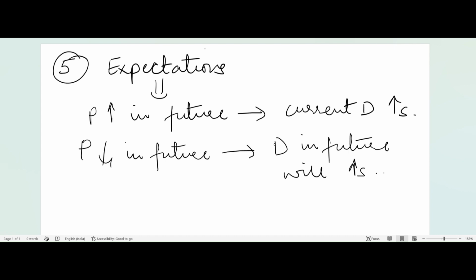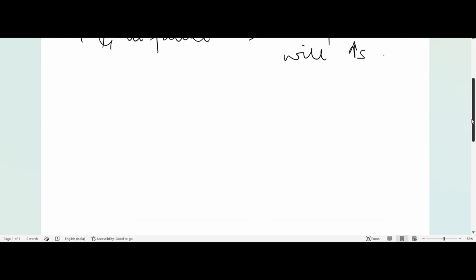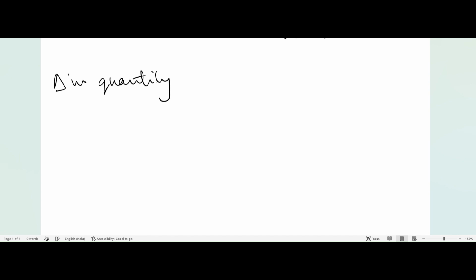Now, two more small subtopics, or terminologies, that I really want to share with you, which are very important and come as an MCQ in your APs. One is change in quantity demanded versus change in demand.